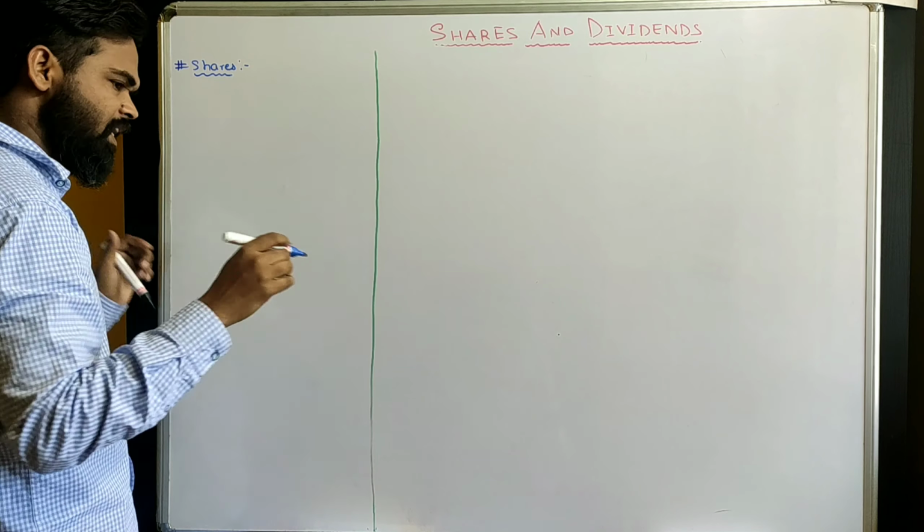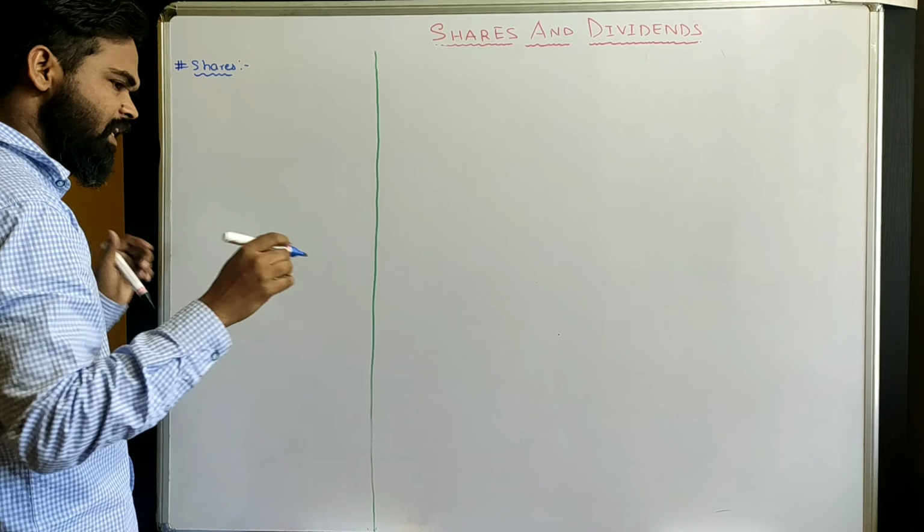Take an example. Suppose I want to start a company and I need a total capital of rupees 15 lakh. At that moment I see that I have rupees 5 lakh only. So there's a deficit of money.